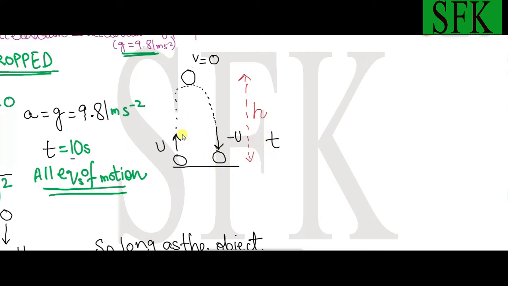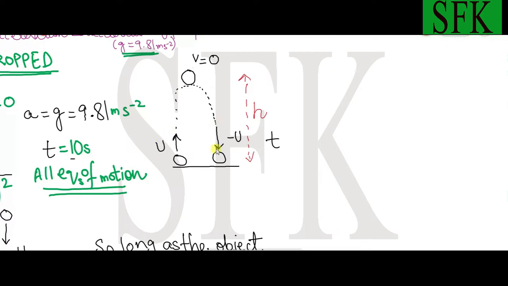Now, an important characteristic to note here is that when the ball is at the same height, the magnitudes of the velocities in the upward direction and in the downward direction are equal. This is an important point. When the ball was thrown upwards, its magnitude was u.